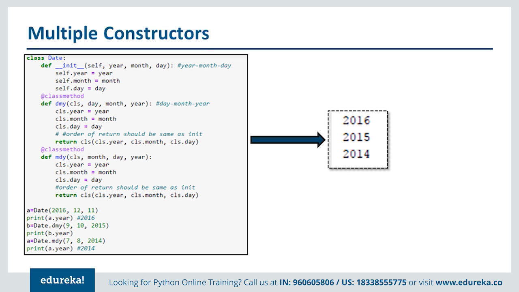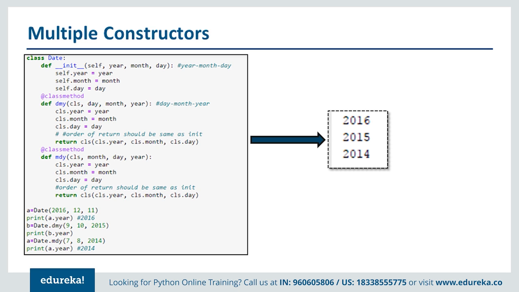Now we can have multiple constructors also, not only one. In this example you can see that we have a class called date, and there we have a default constructor in which we set up the values year, month and day. Whenever we create an object, at that moment we can provide some variables.